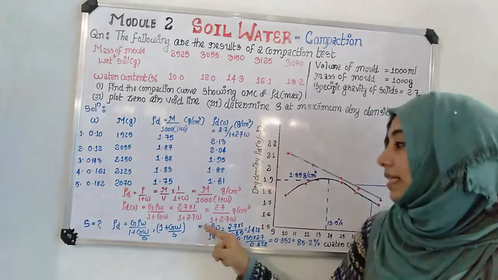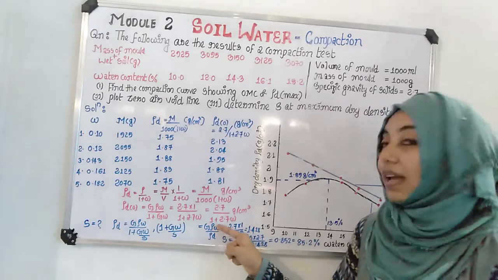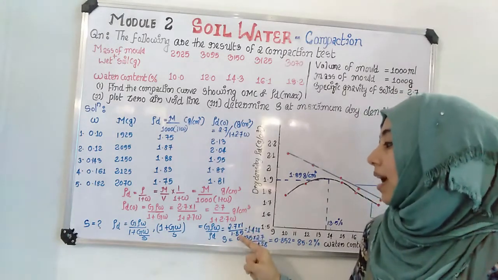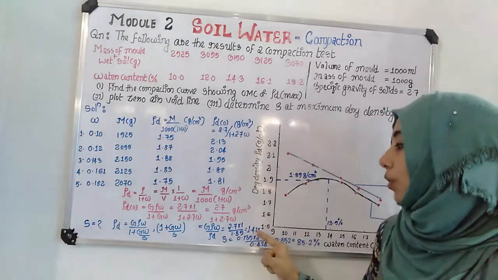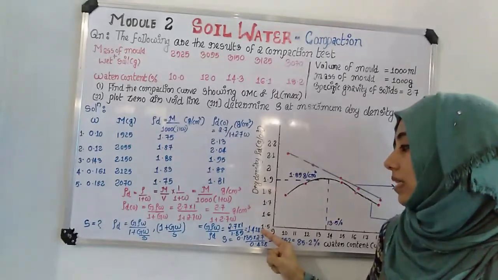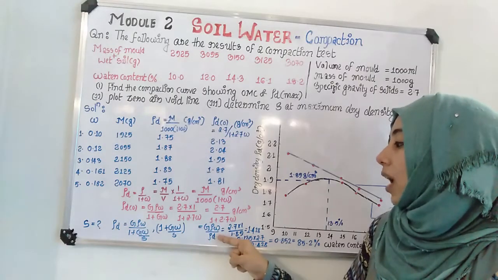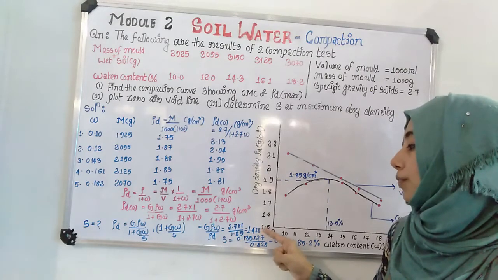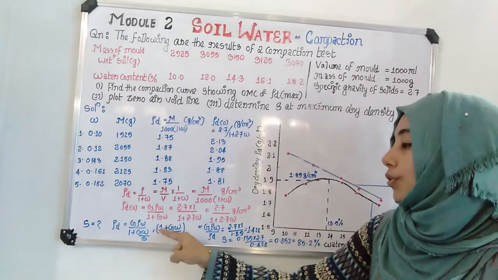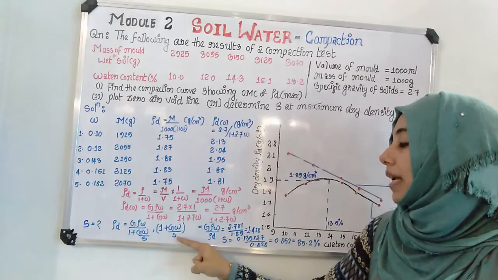By substituting G as 2.7, rho W as 1 and rho d equal to 1.89, we obtain 1.428. So G rho W by rho d is equal to 1.428, which is equal to 1 plus G W by S.